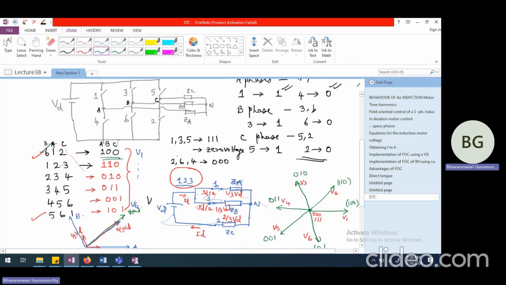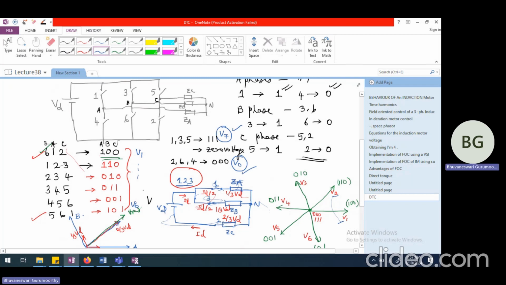And the two zero voltage vectors, corresponding to 000, this is V0, and 111, this is V7. So essentially we have 8 resultant voltage vectors from the inverter switch positions. Out of this, 6 are non-zero, V1, V2, and so on, and 2 are zero voltage vectors, V0 and V7.